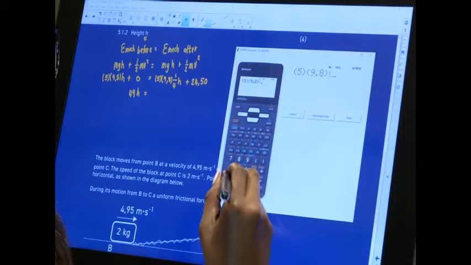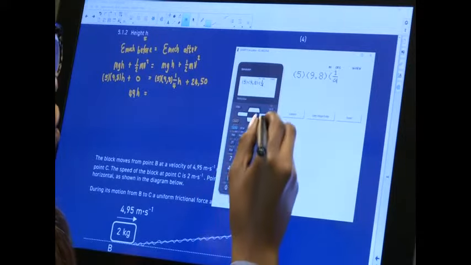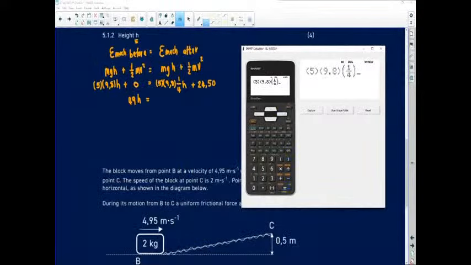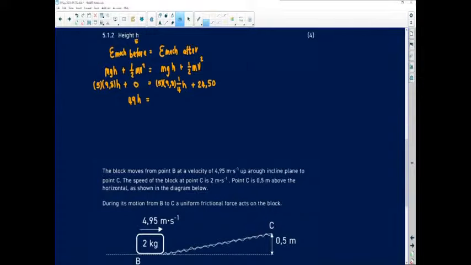And therefore, I also have 1/4. Let me see what I get there. Therefore, I get 12,25. Remember, it's 5 times 9.8 times a quarter times h. And that is then how I get 12,25h plus the 24,50.